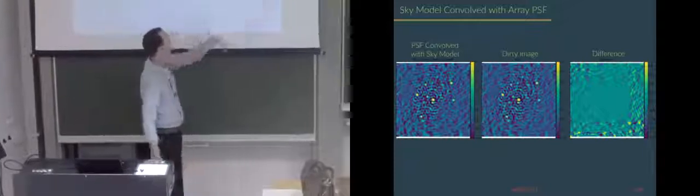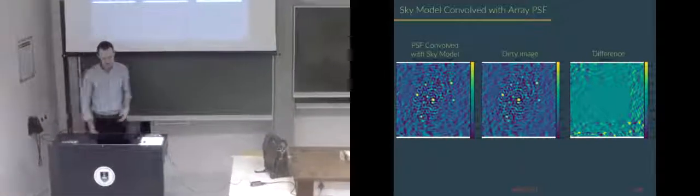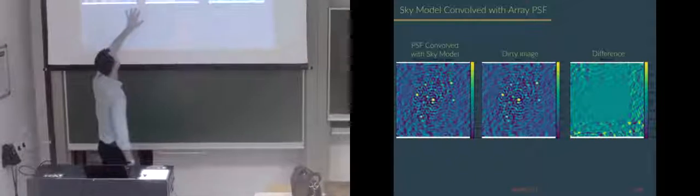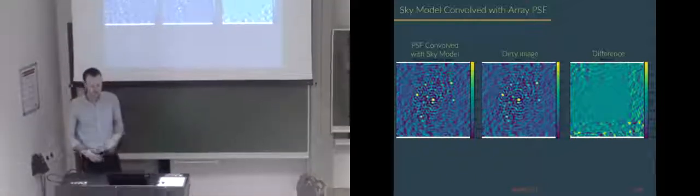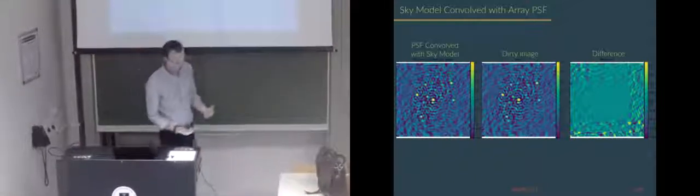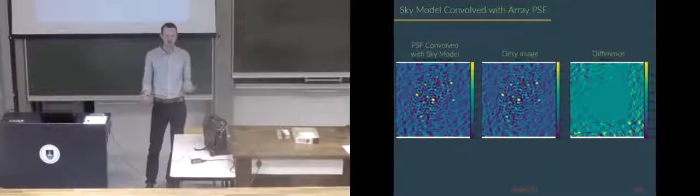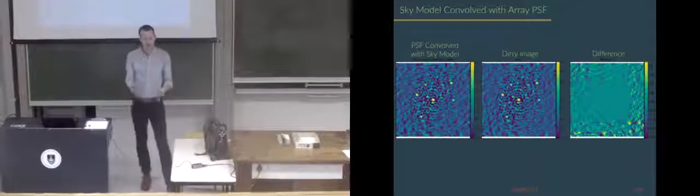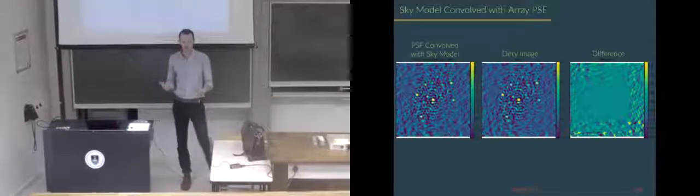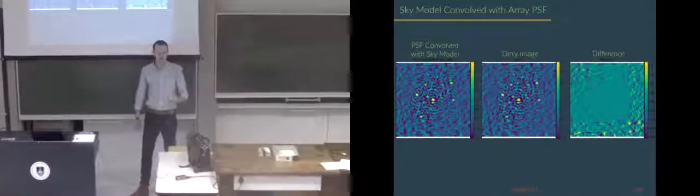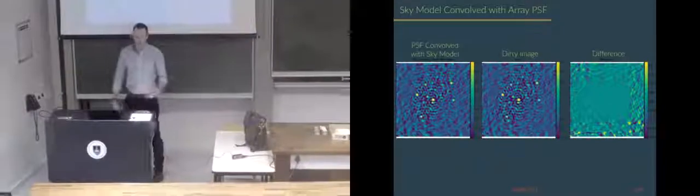There's a difference here because of some computation artifacts, but for the most part, the dirty image is the convolution of the sky model with the PSF. Now, you don't know what the sky model is. You have some idea about what the PSF is, and so we want to somehow remove that PSF structure and get back to the sky model. That's the deconvolution process we're trying to accomplish.